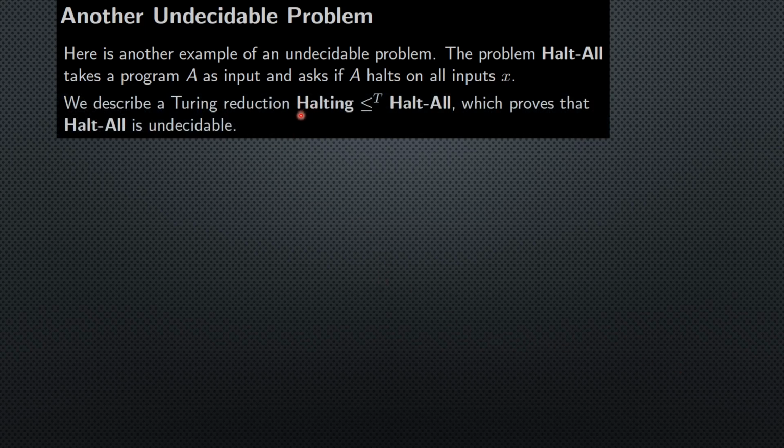Well, we're going to describe a Turing reduction. This is a reduction, not a transformation. The polytime transformations we looked at were about reducing decision problems to other decision problems, and they were about doing this in polytime. Here we're going to show not just that you can transform inputs, but that you can solve the problem using halt all as a subroutine.